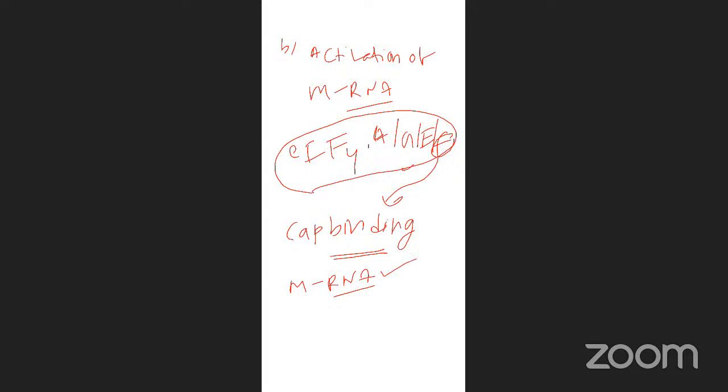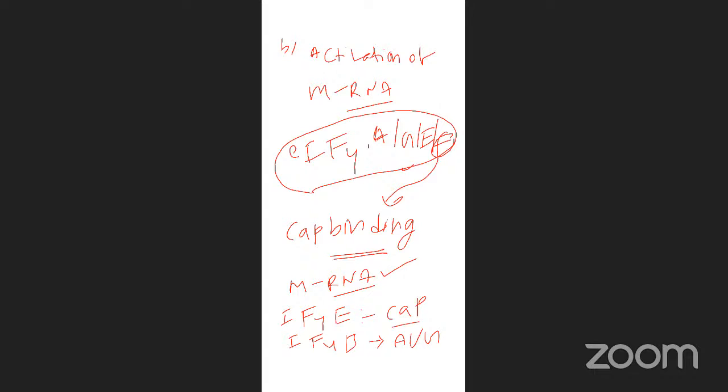Next, initiation factor F4E: recognition of the cap. Apart from that, initiation factor F4B is also present. It recognizes the starting codon AUG.